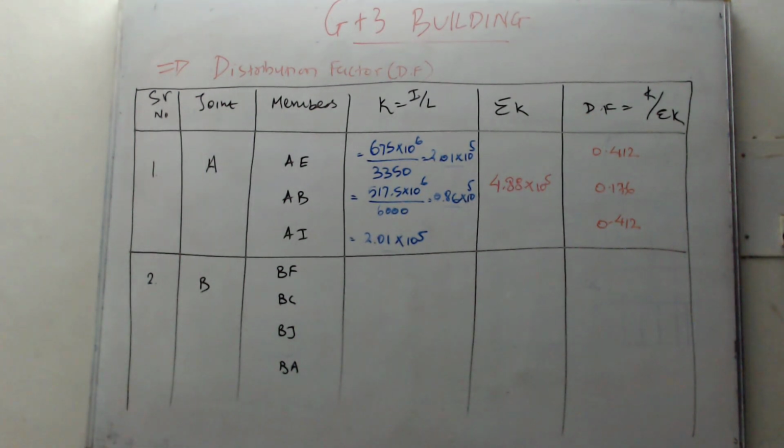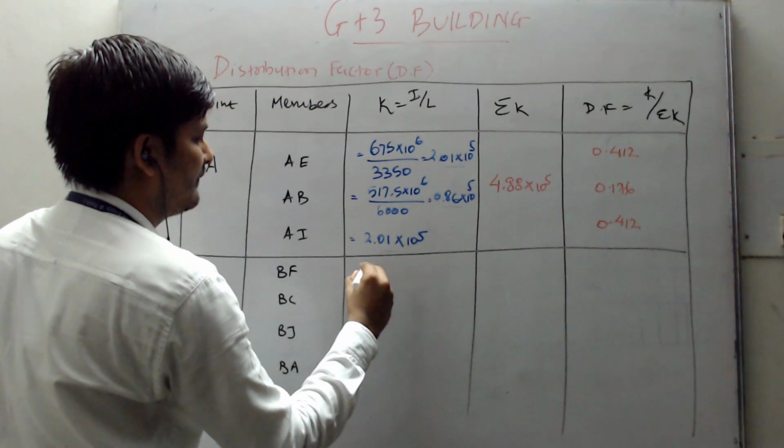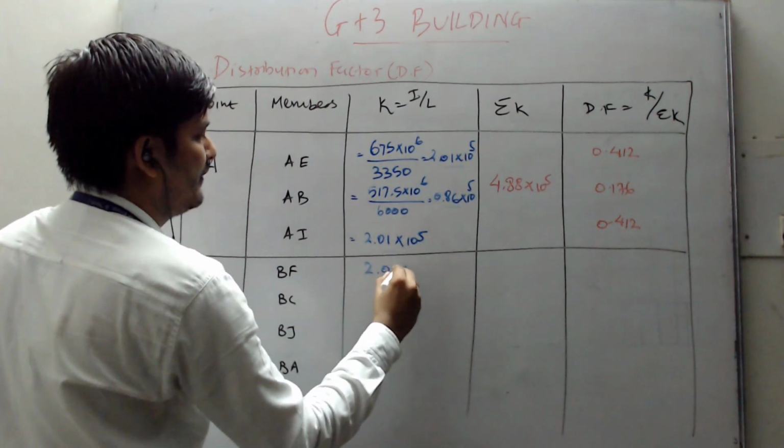So same way we need to calculate the K value for BF. K value for BF is same as K value for AE and AI, right? So I'll directly write down, it is similar to this, 2.01 into 10 raised to 5.